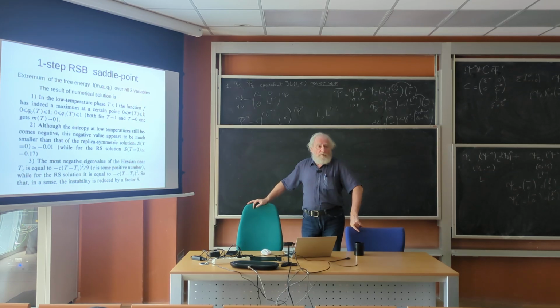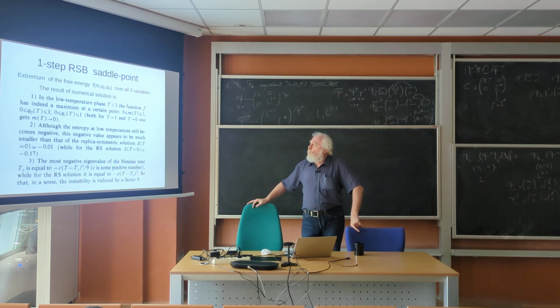For other types of spin glass models, which I will discuss later today, it is not the case. In those cases, it starts not from 0, but from something close to 1.